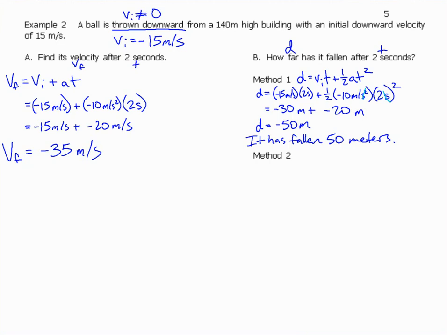Method 2 works just like it did in example 1. This is your distance equals the average rate times the time. So distance equals the average rate here. And so let's write this off to the side.